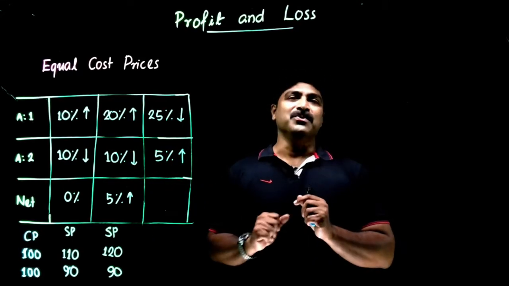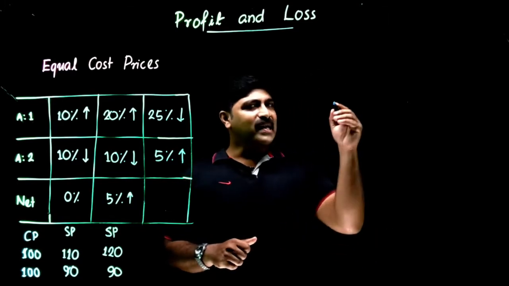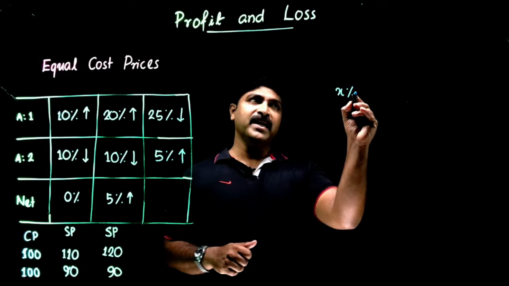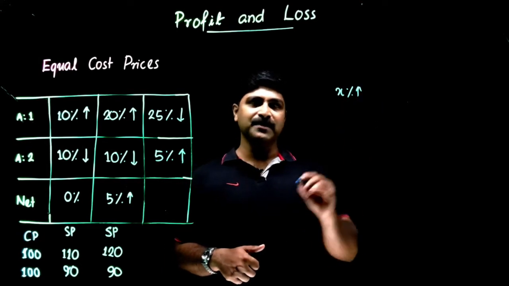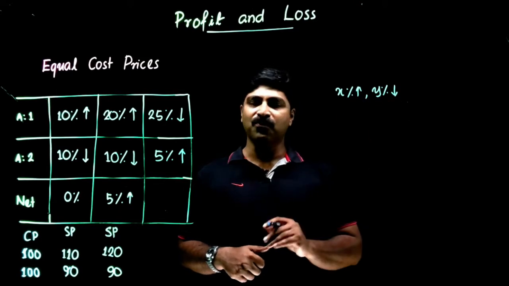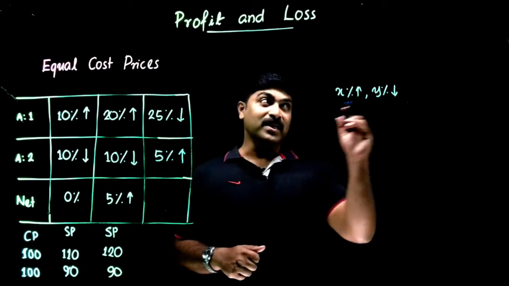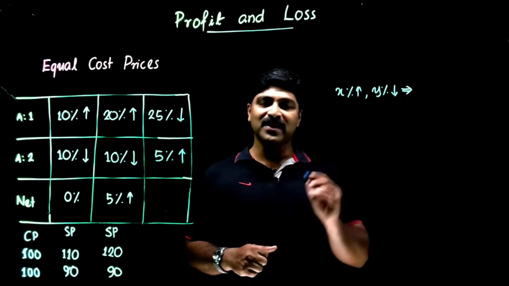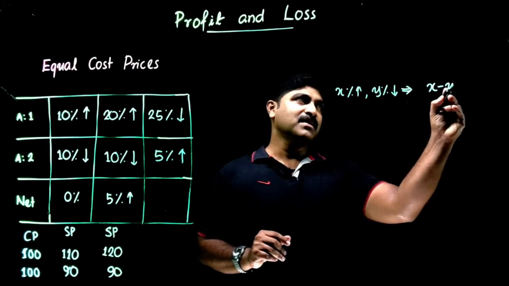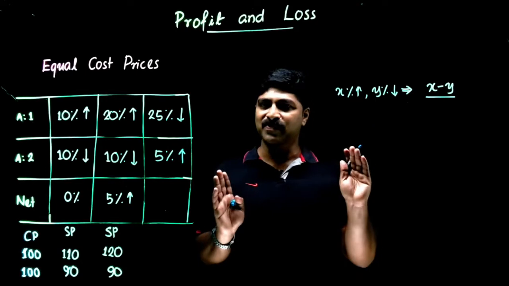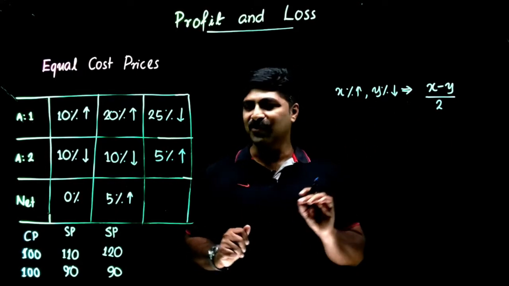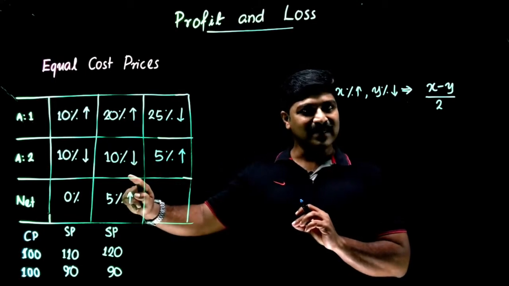Suppose while selling two articles, the first article makes a profit of X% and the second article makes a loss of Y%. So the net effect of the entire transaction is very simple. You just subtract these two values, then divide it by 2, then you will get the result. For example, consider the second result.